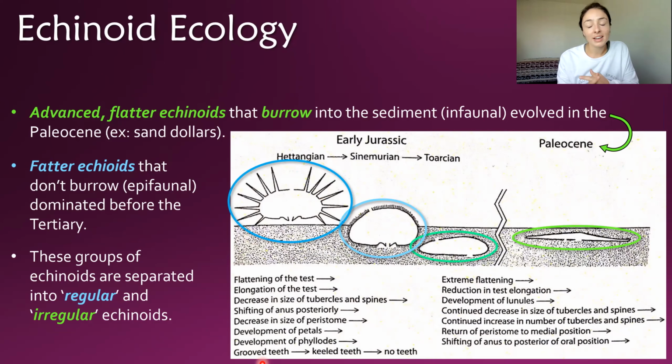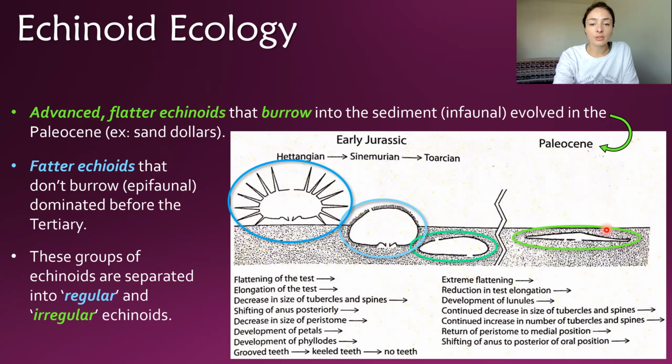Next I want to go over some echinoid ecology. As we can see in this figure, echinoids can range from very flat to not so flat. Flatter echinoids are typically more advanced as they evolved later and have more functions, such as burrowing, which fatter and more primitive echinoids actually don't do.